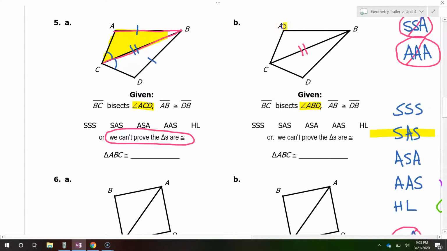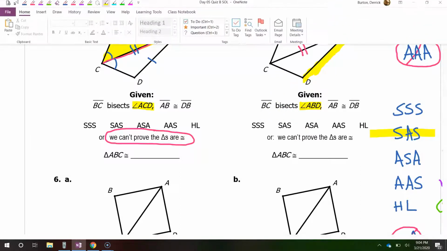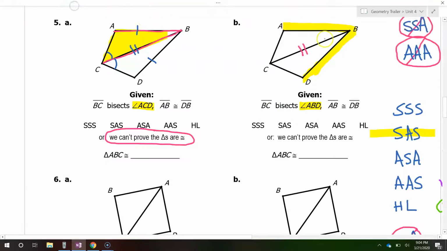All right, ABD is out here. This is the angle that is being bisected. This is the angle that is being cut in half. Which means that this half is congruent to this half.